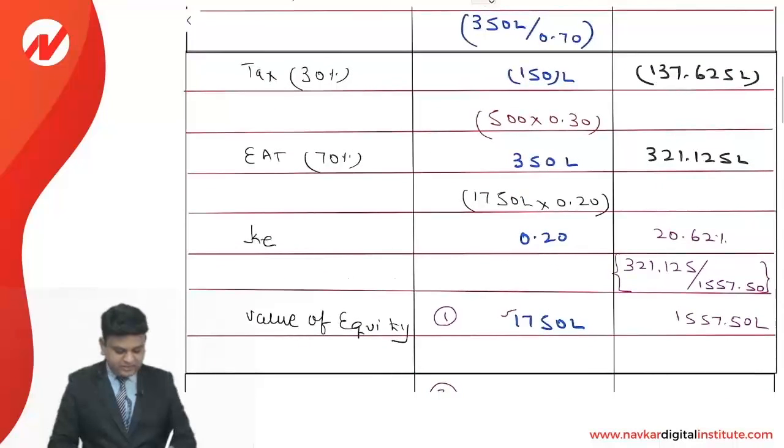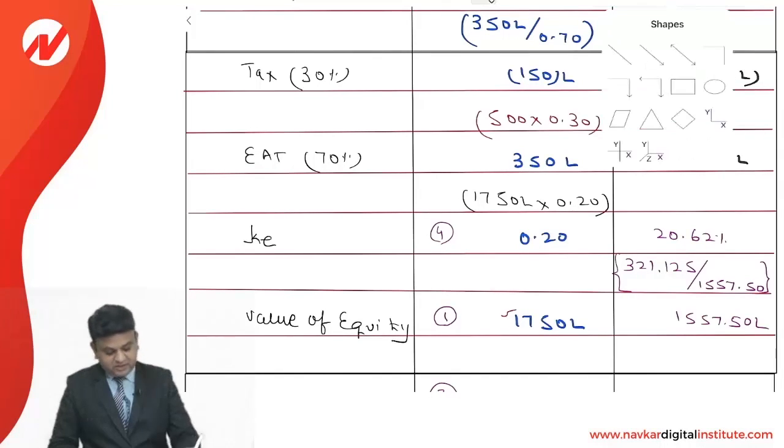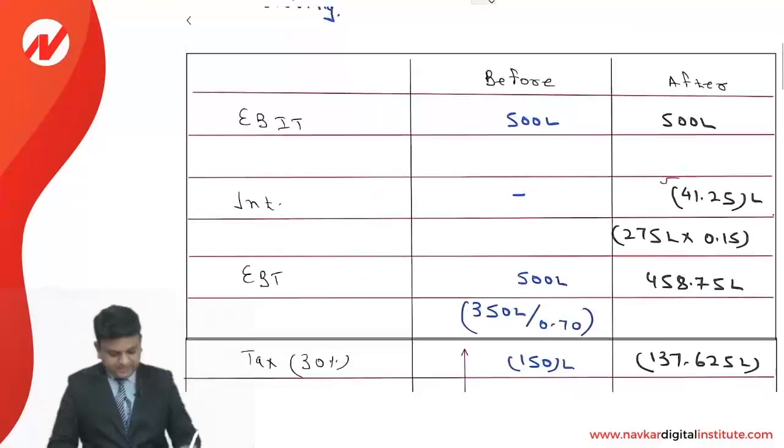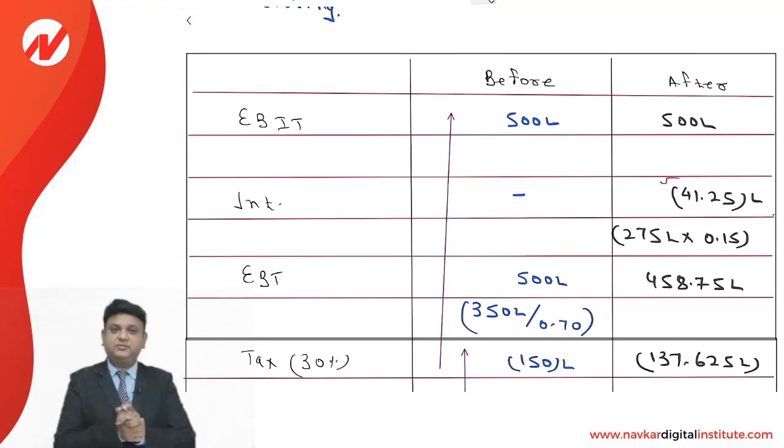The question is providing the information about the cost of equity, that's it. Then you are required to follow the backward working over here. You compute EAT, then EBT and EBIT, and so on. You make the entire working, and this is the way column number 1, in terms of the values, is completed.